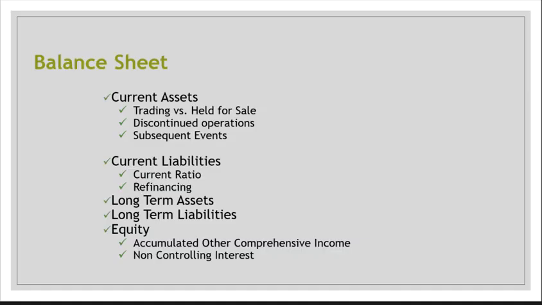And the other thing that affects our balance sheet is what we call subsequent events. Things happen after the balance sheet date. Typically between the time that the balance sheet ends, let's say it's an annual balance sheet on December 31st, and when the auditors finish their audit sometime, say March, some things could happen that could impact the amounts on the balance sheet.